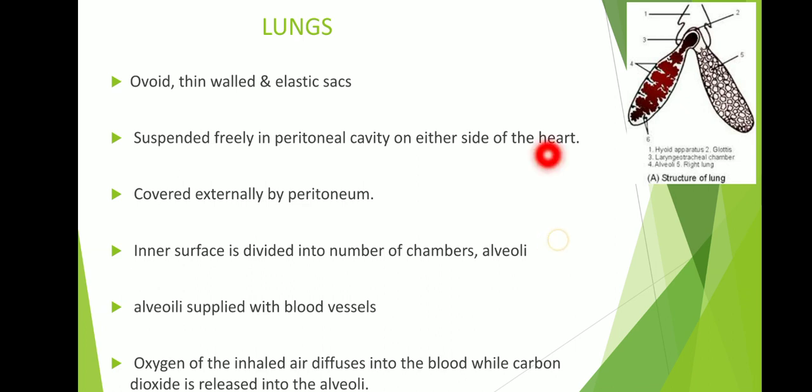In this figure you can see the two lungs and the smaller units, those are alveoli. Okay. Here, what is shown is the laryngeotracheal chamber. The one labeled 3 is the laryngeotracheal chamber. Where 1 is labeled, the hyoid apparatus comes. And this part is glottis. Glottis is labeled as 2 and the laryngeotracheal chamber. So this dark area is the laryngeotracheal chamber. In this figure it is labeled as 3, and then you can see the alveoli, labeled as 4.